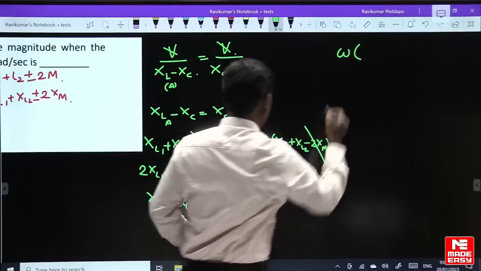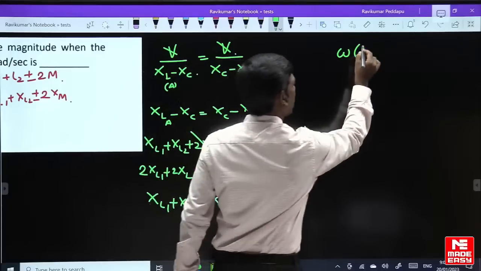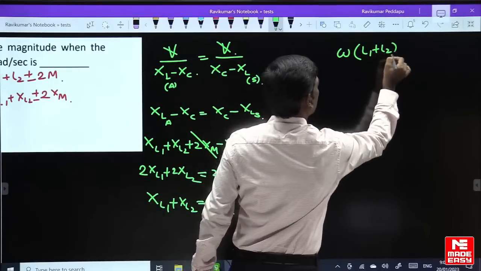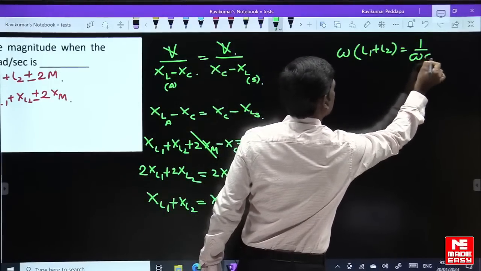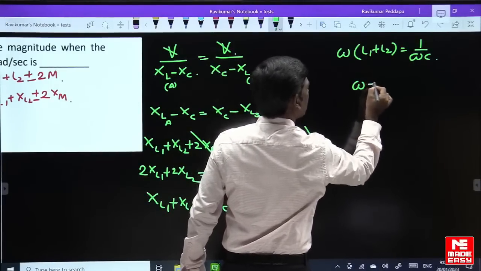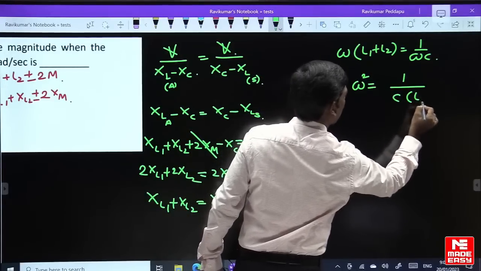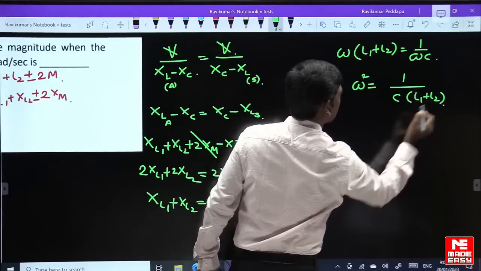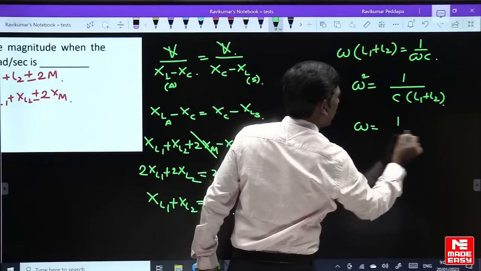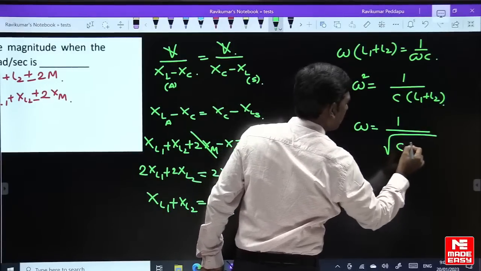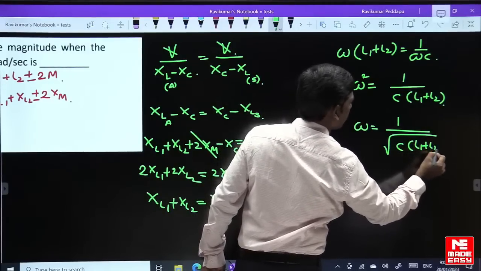Omega is common, so we can write directly L1 plus L2 is equal to 1 by omega C. Omega square is equal to 1 by C into L1 plus L2. Omega is equal to 1 by root of C into L1 plus L2.